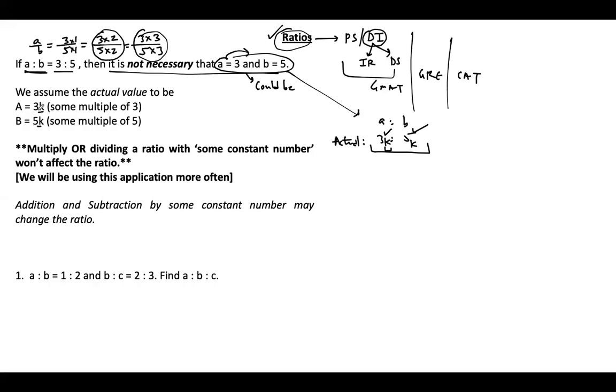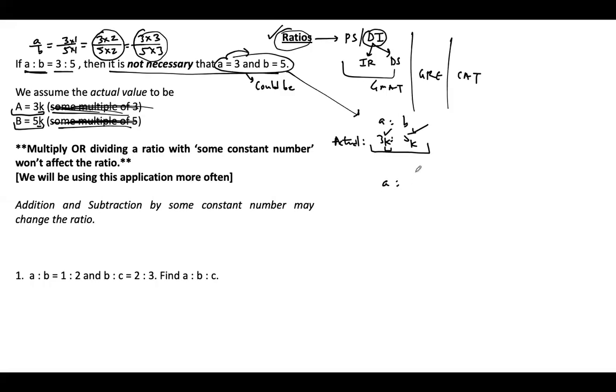K could also be some fraction, so let's not say some multiple of 3, some multiple of 5. You can just say A is equal to 3K, B is 5K. If K is an integer, then you can say some multiple of 3 and some multiple of 5.